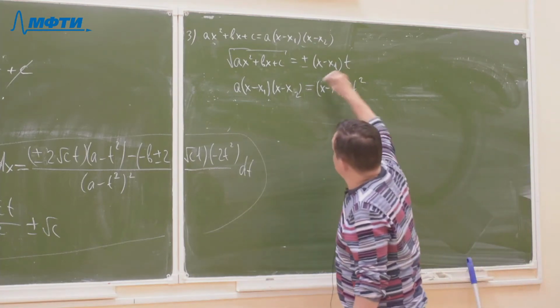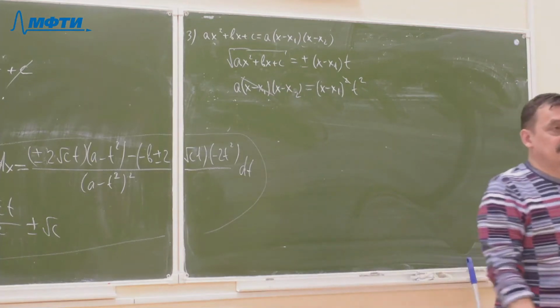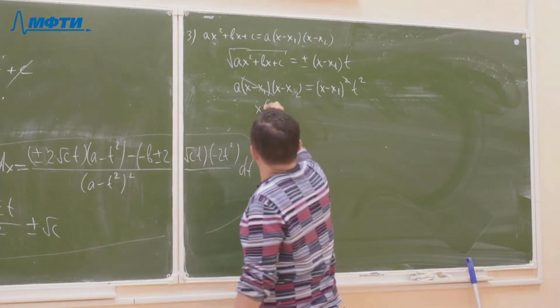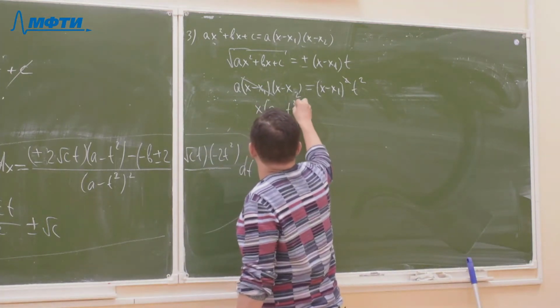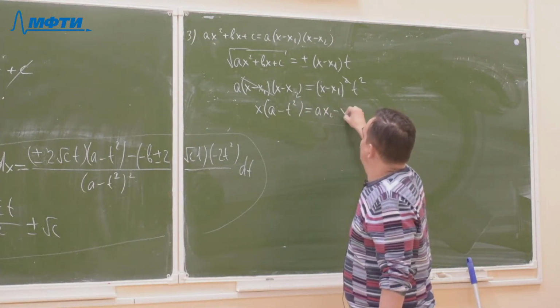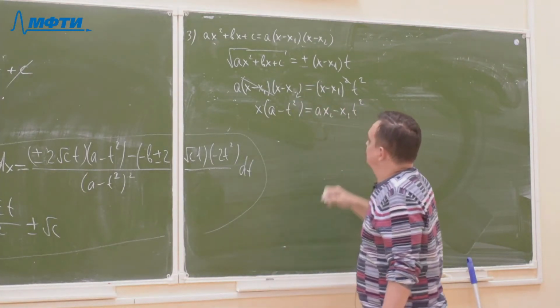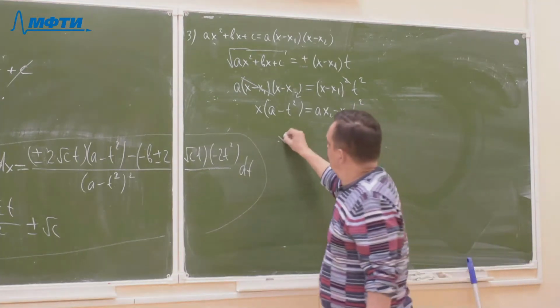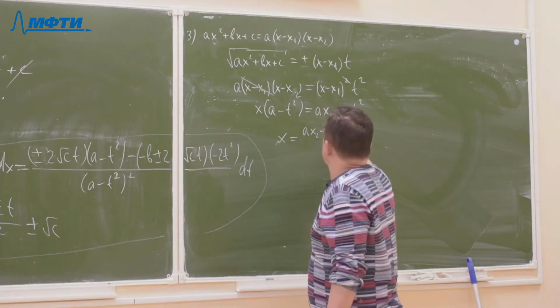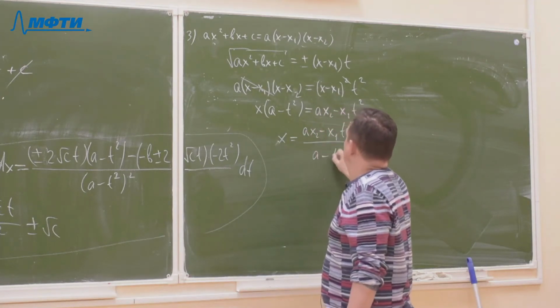We can cancel one term x minus x1. And after that, again, we have a linear polynomial in x. So we can express x. So x times (a minus t squared) equals a x2 minus x1 t squared. So we have x equals (a x2 minus x1 t squared) over (a minus t squared).